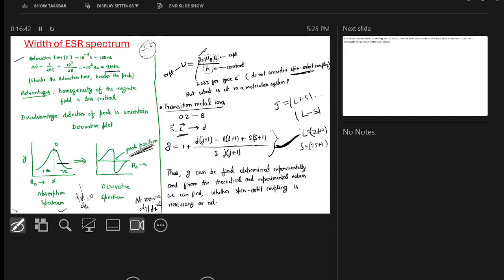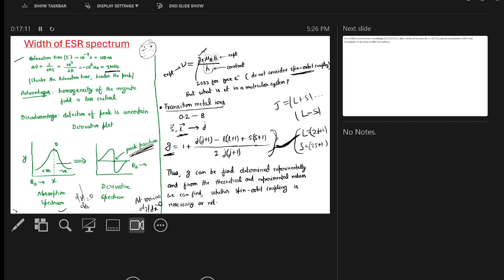This thing you must have read in a coordination complexes chapter or in lanthanides or actinides. There you can calculate g using this equation. This will require some rigorous calculation, and if you can record the EPR spectrum of your coordination complexes, you will get some g value.